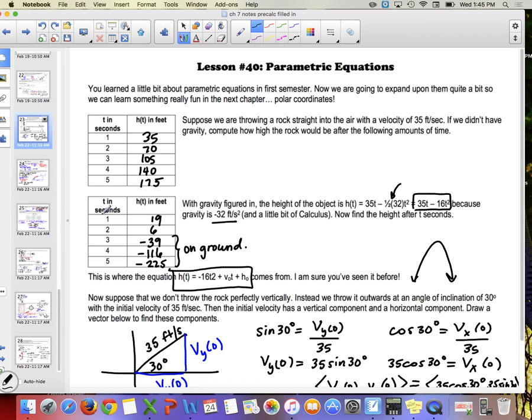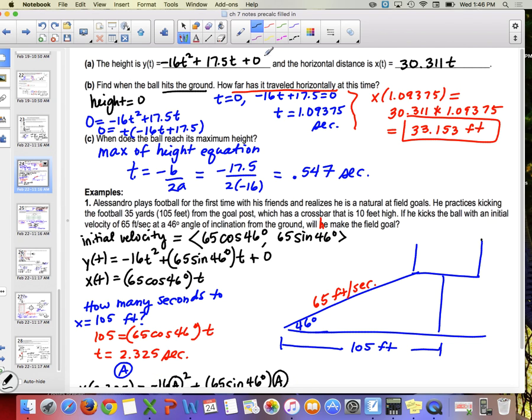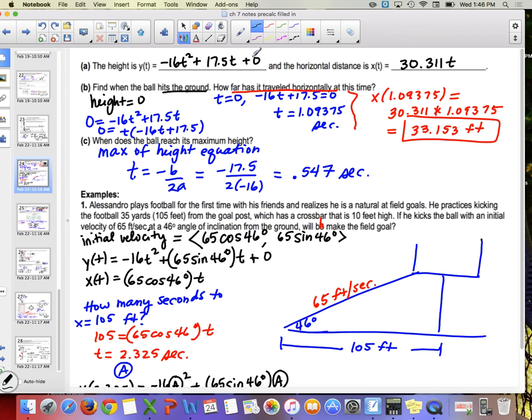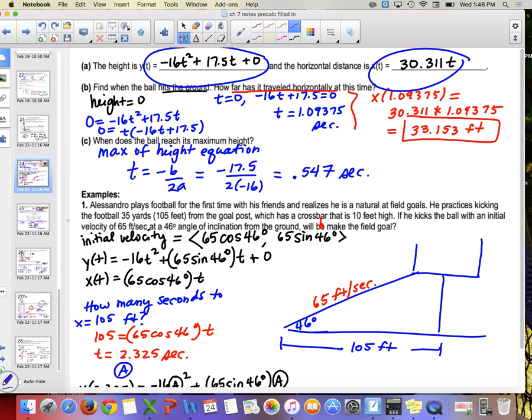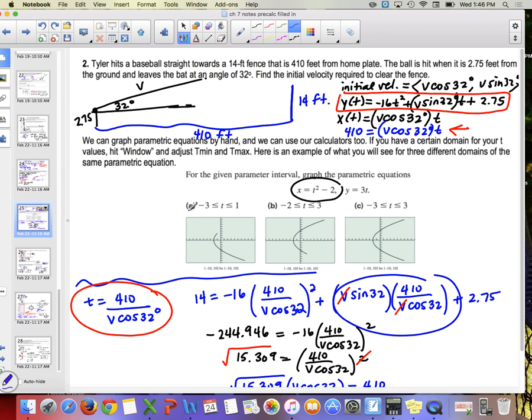But the first one, you can graph this for your parametric equation and use your graphing calculator to help you. I don't think it's too bad to do by hand either, like finding when it reaches its maximum height. So for example 1, maybe put a star next to that. But example 2, if you just want to cross it out, that's fine.